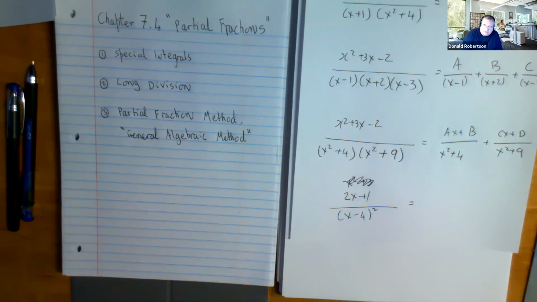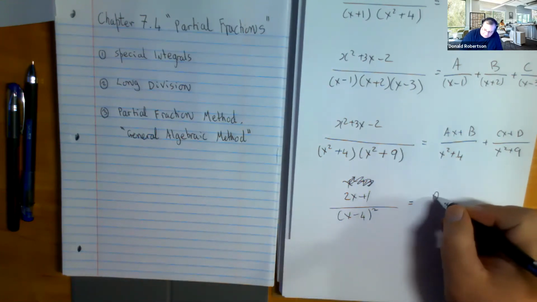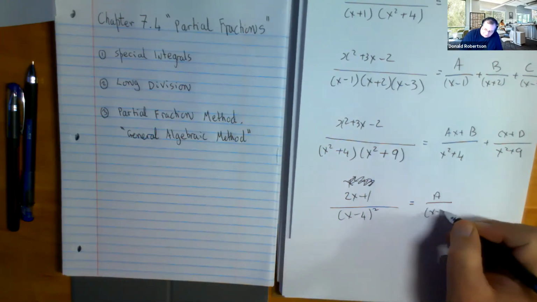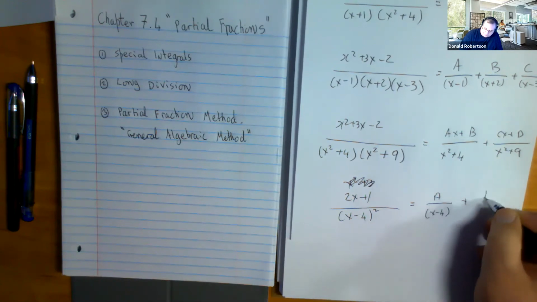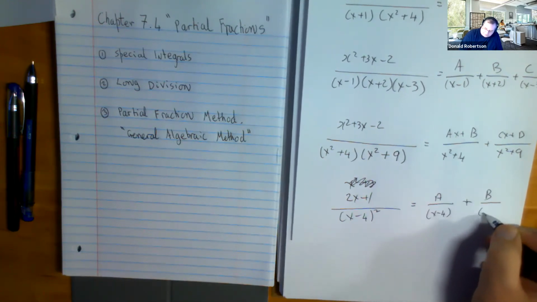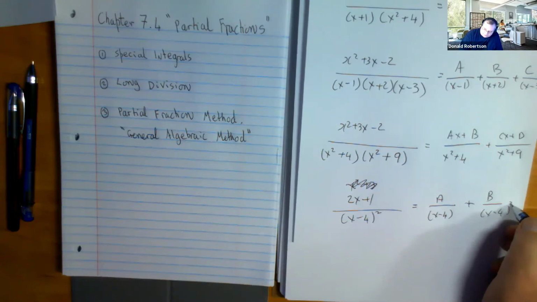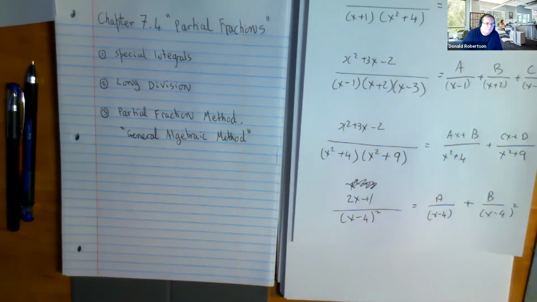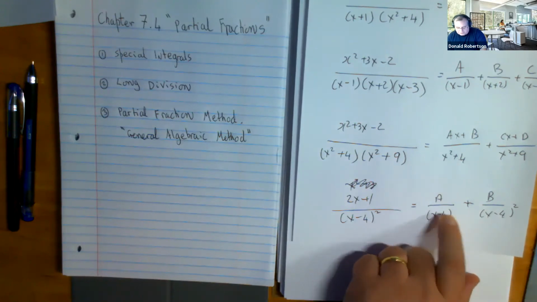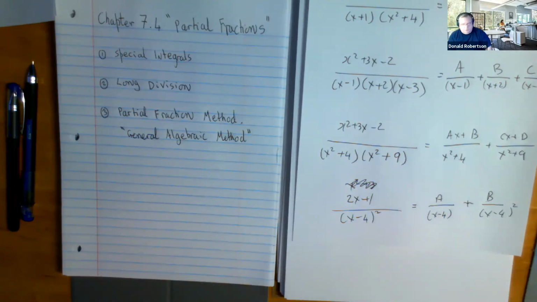So let me just tell you what you get. It's going to be a number over x minus 4 plus a number over x minus 4 squared.